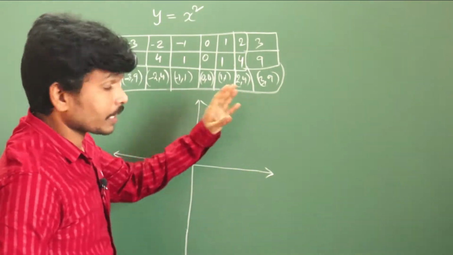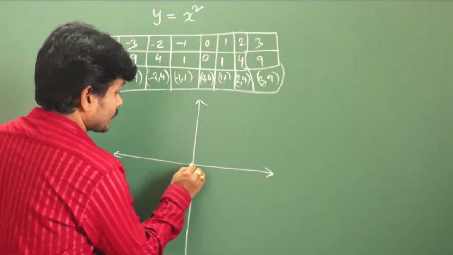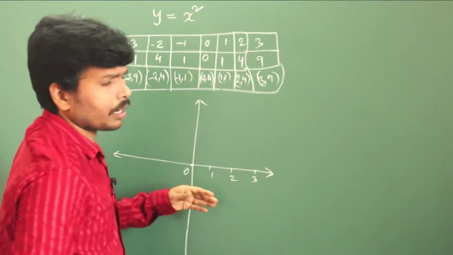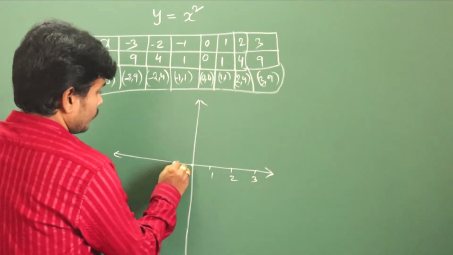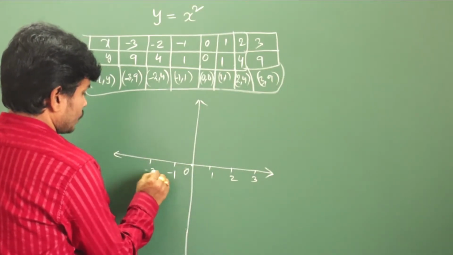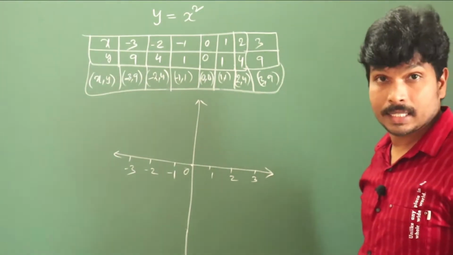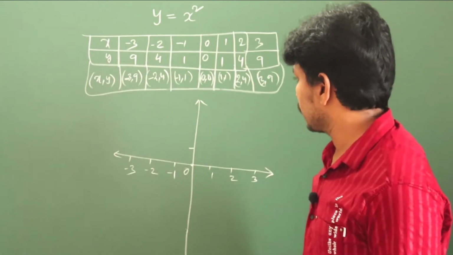On the x-axis, the scale I am taking is 0, 1, 2, 3. This continues indefinitely. Here minus 1, minus 2, minus 3. On the y-axis, shall we take 2 units? Yes sir.